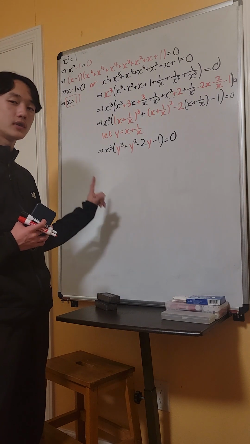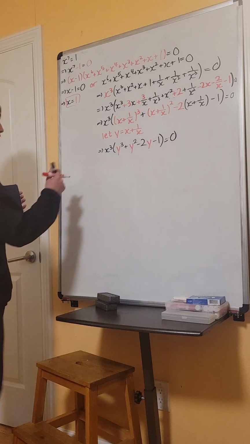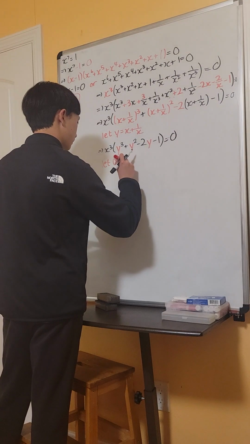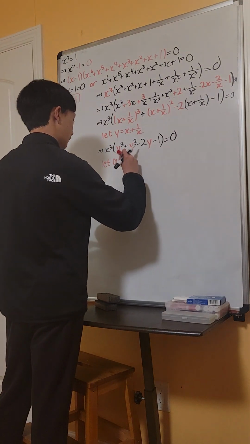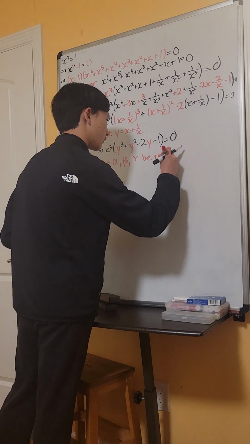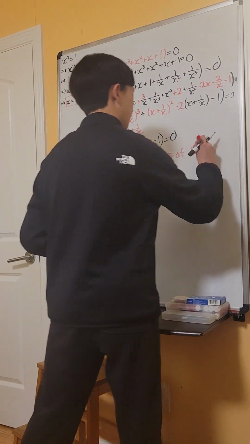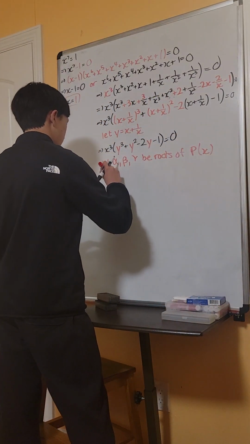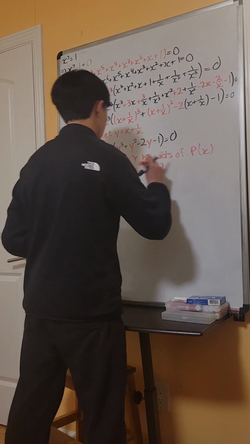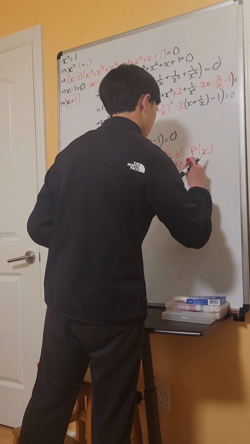So, what I'm going to do, because of this unfortunate event, is I'm just going to write, let alpha, beta, and gamma be roots of p of x, where p of x is equal to x cubed, this polynomial right here, plus x squared minus 2x minus 1.